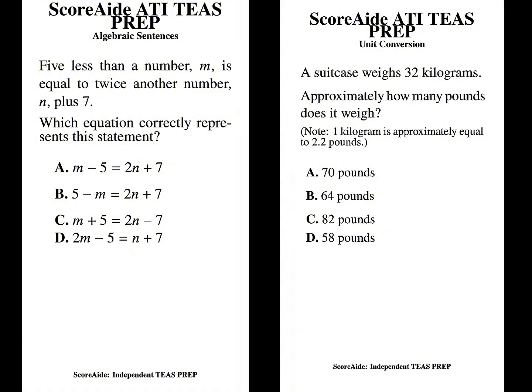So let's look at it. Weight W is equal to 32 kilograms. Now we know that 1 kilogram is given as 2.2 pounds.